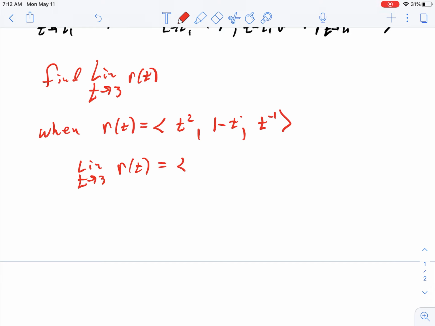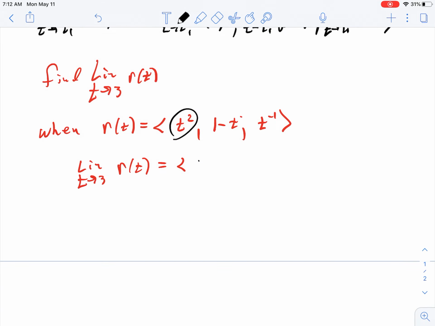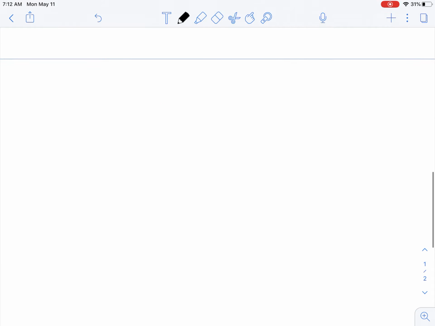And notice there's no real sticky bottom here, so you just do a plug and chug. Okay, so here you got 9, here what's my negative 2, and 1/3, and that's all you're doing. Okay, so like I said, don't panic, fairly easy, which then leads us into, now let's do derivatives.